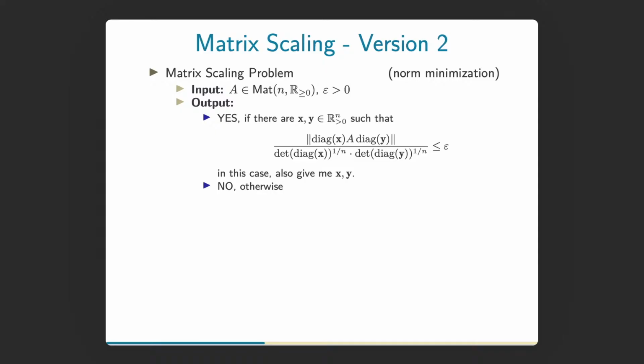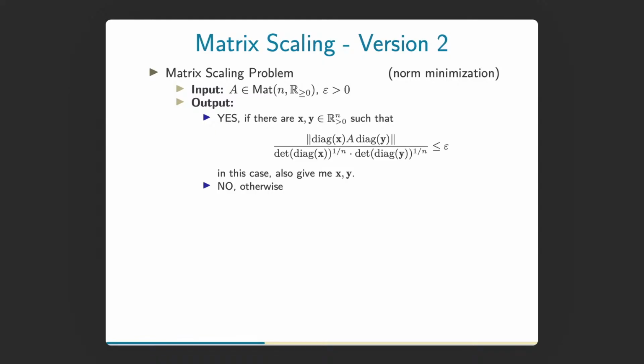Which is a norm minimization problem. Here, I'm going to have my matrix A and a parameter epsilon. What I want to do is output yes if there are scalings such that, and this division here is just saying, suppose that this matrix over this guy is a determinant 1 matrix, and this one over this is a determinant 1 matrix. So I'm just pulling out the determinants here.